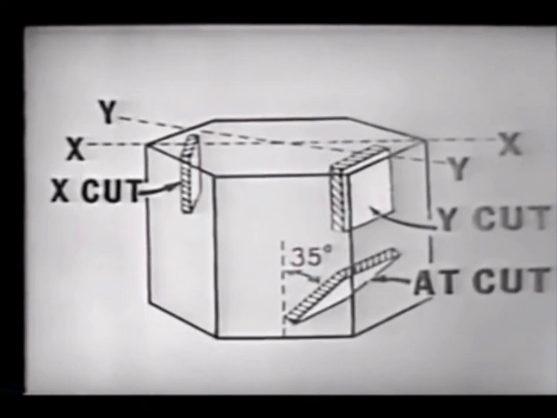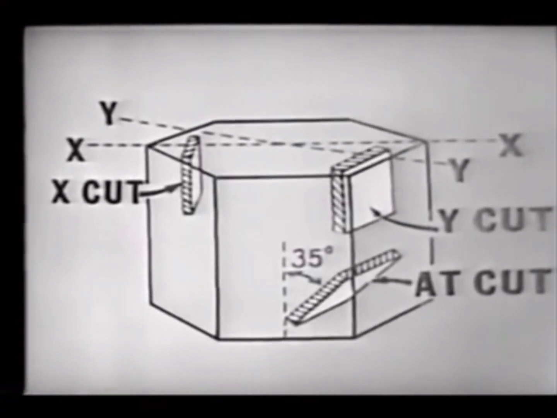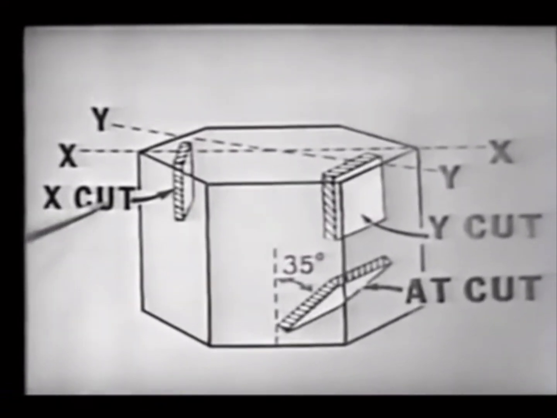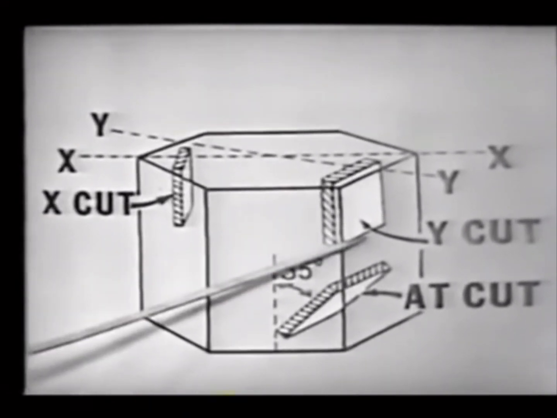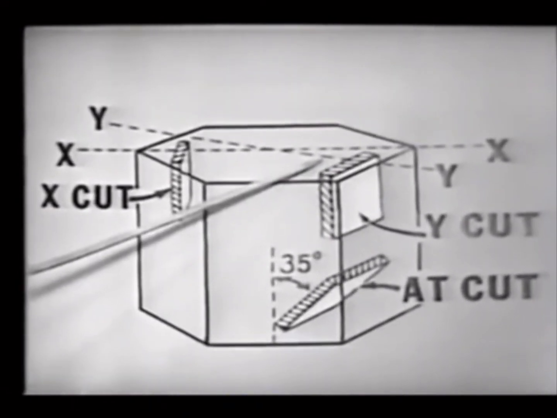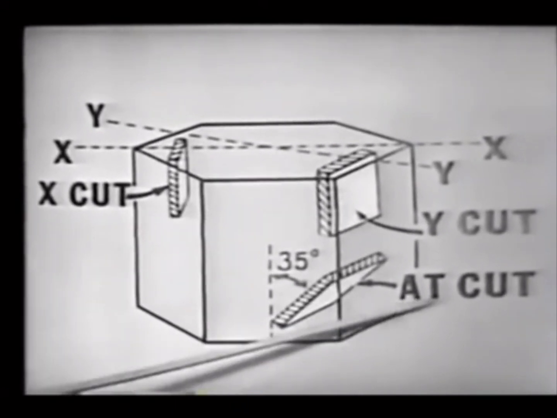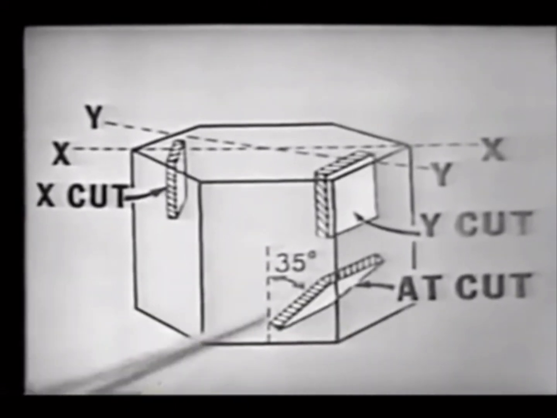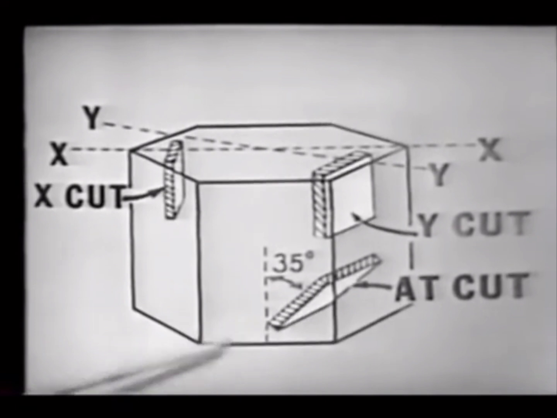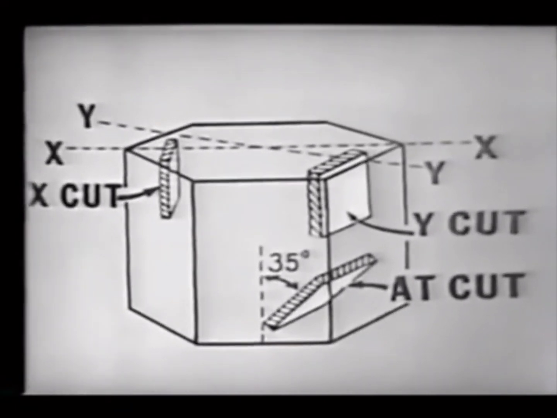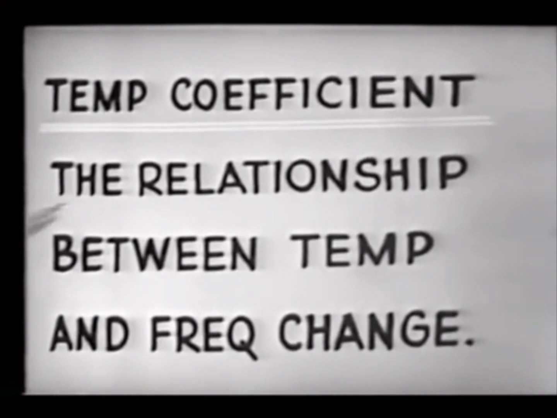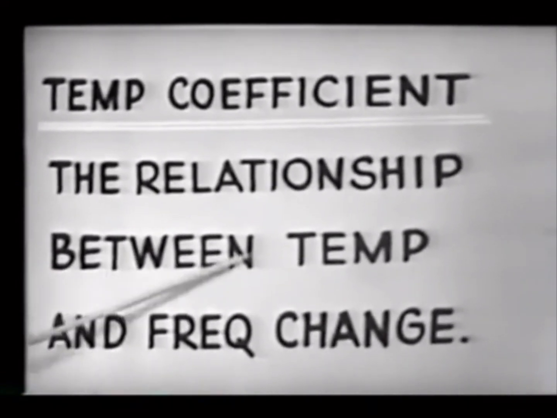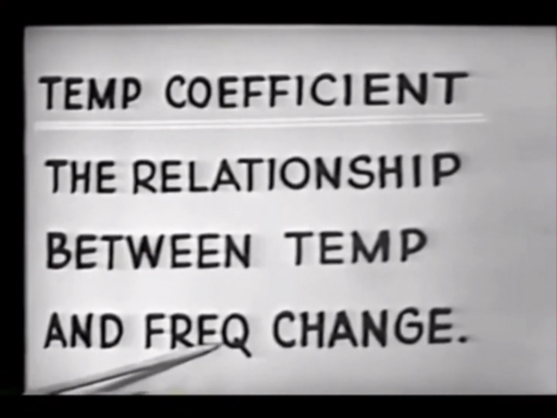Then we saw the 3 basic crystal cuts that we were considering: the X cut, which is made perpendicular to the X-axis, the Y cut, which is made perpendicular to the Y-axis, and the AT cut, which is made at a 35-degree angle from the Z-axis. And then we define temperature coefficient as the relationship between a temperature change and a frequency change.